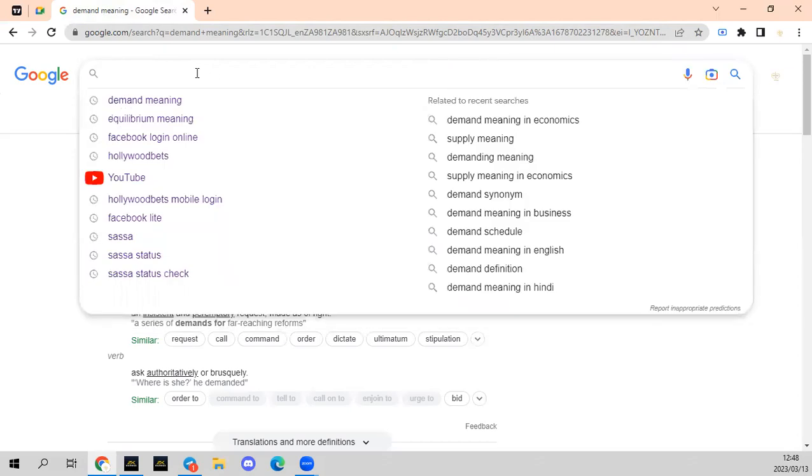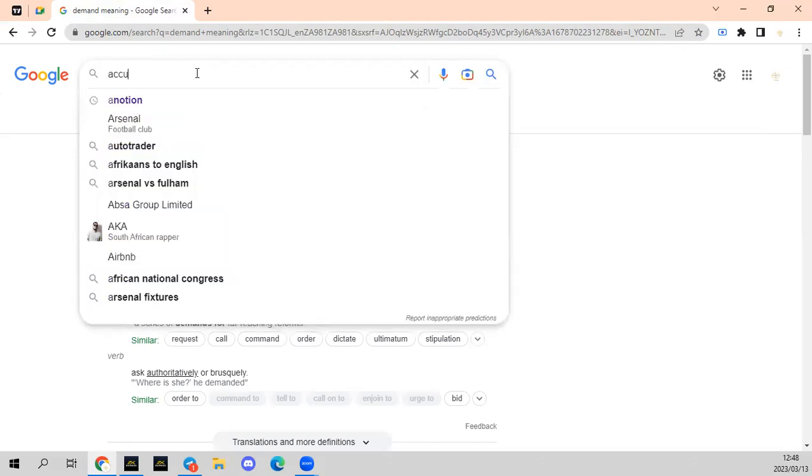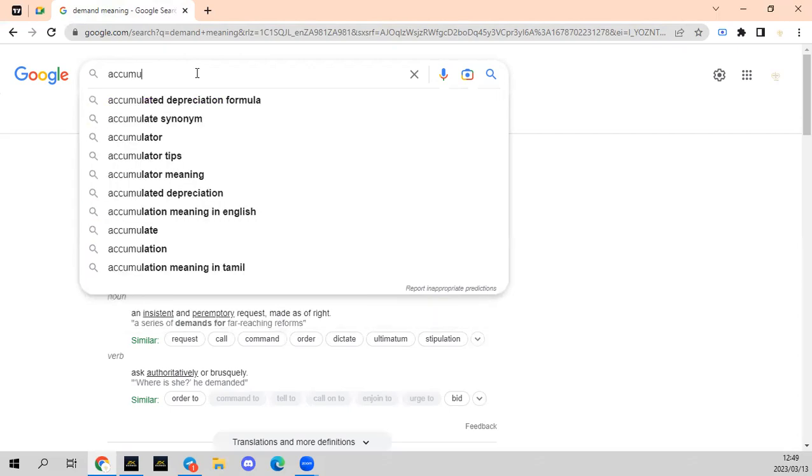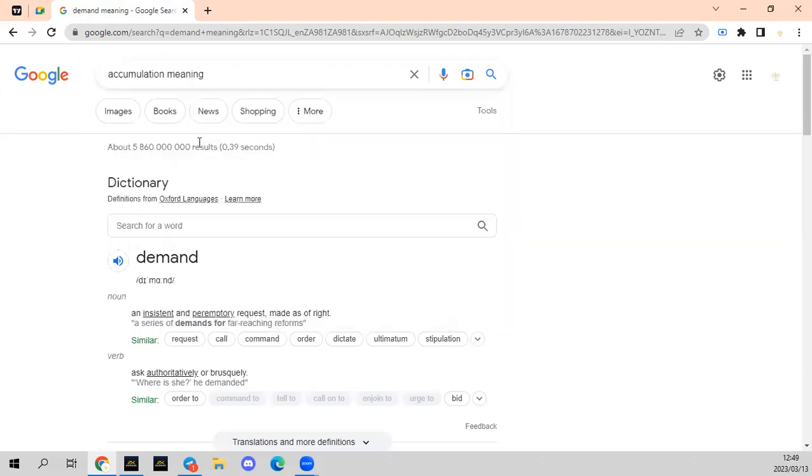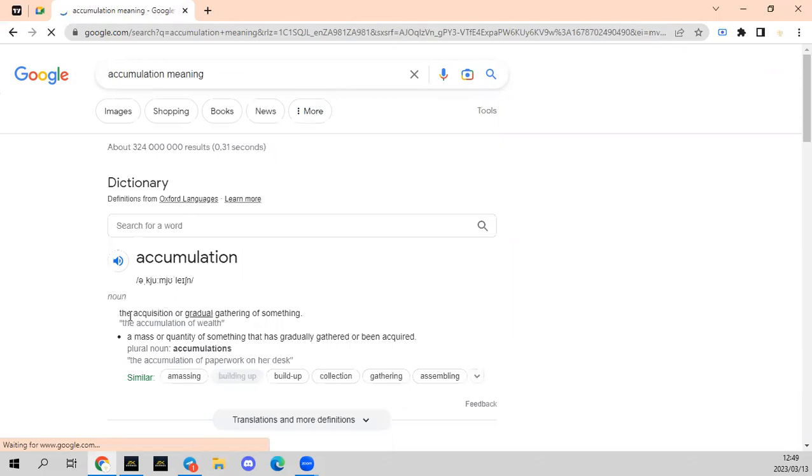So, accumulation. I don't know if I'm spelling this right. Accumulation meaning... Do you see how interesting this is?